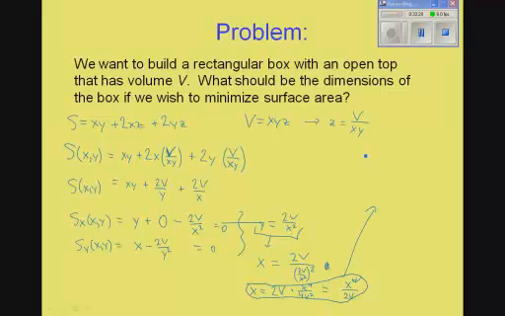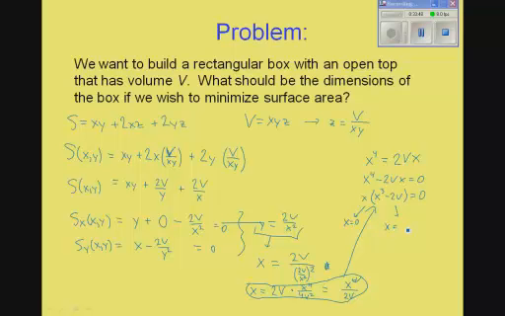I have x to the fourth equals 2vx, so x to the fourth minus 2vx is 0. So x times (x cubed minus 2v) equals 0. So one critical point I'm going to get when x is 0. The other one I'm going to get when x is the cube root of 2v.